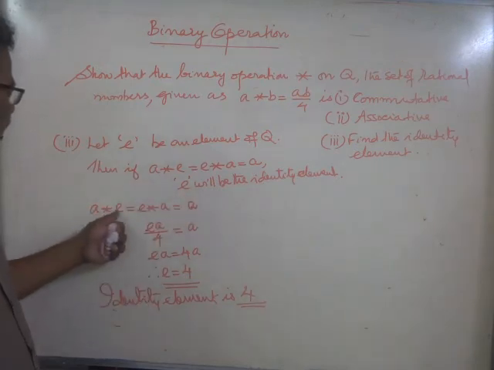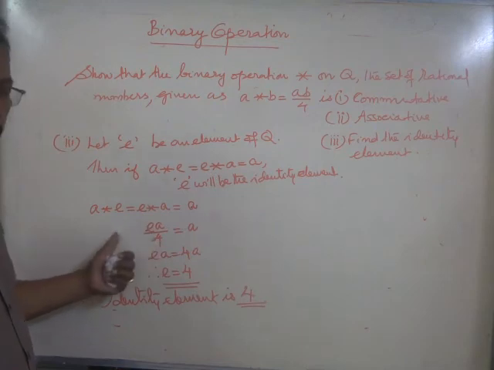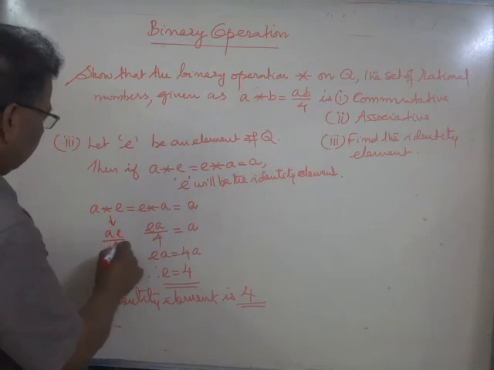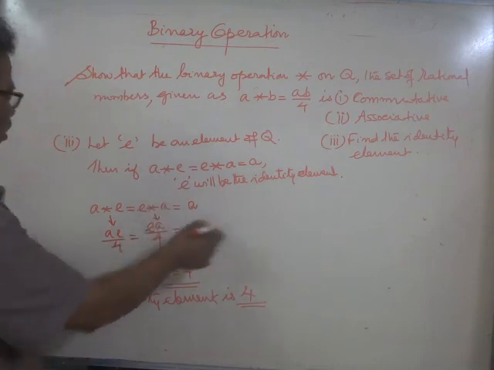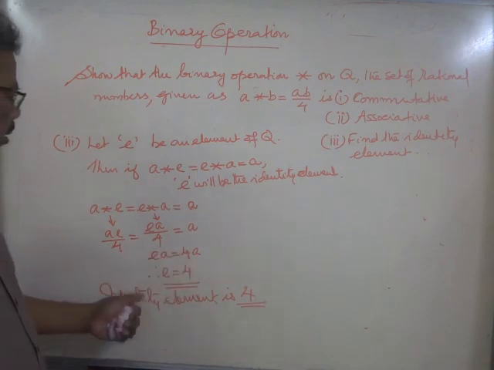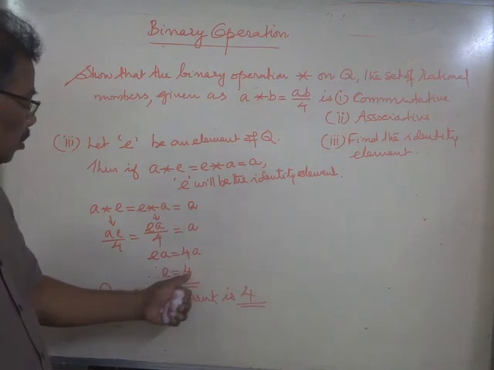Now A star E or E star A is equal to EA by 4 or AE by 4, is equal to A itself. That means EA is equal to 4A. It shows that E is equal to 4.